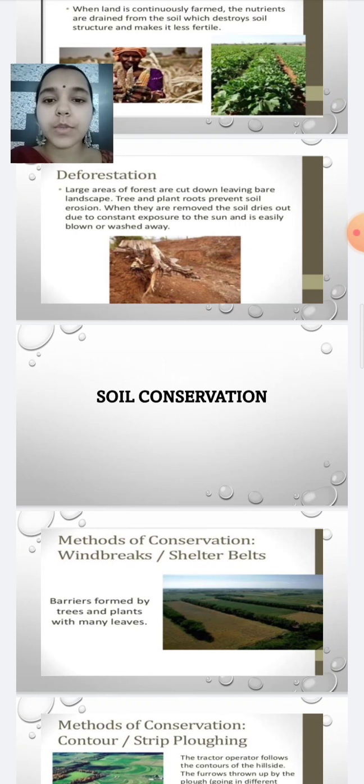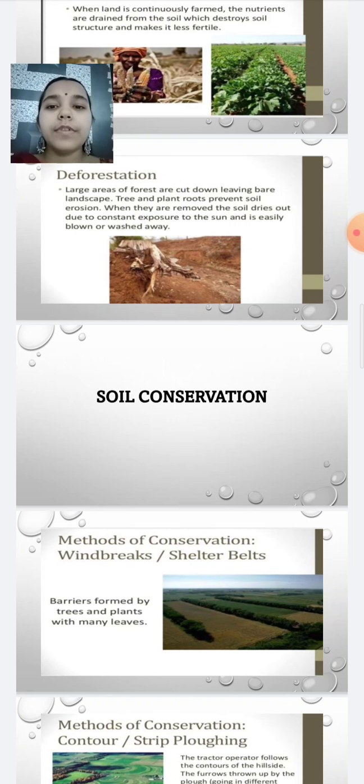So what happens when deforestation occurs? Trees and plants which are holding the soil very firmly get loosened, and slowly due to exposure to the sun, it is easily blown away by the wind or by water. So these were the factors which lead to soil depletion.